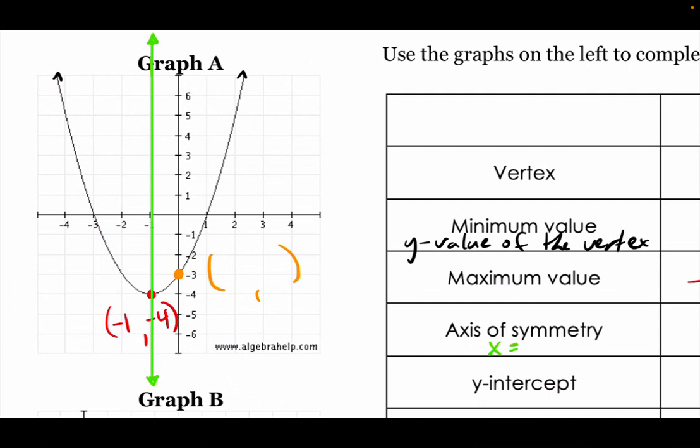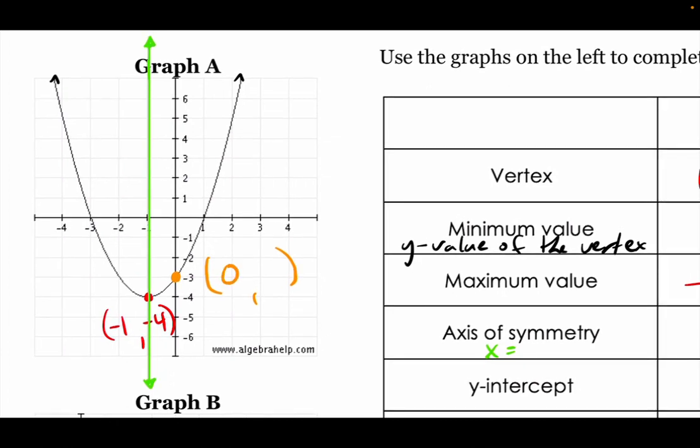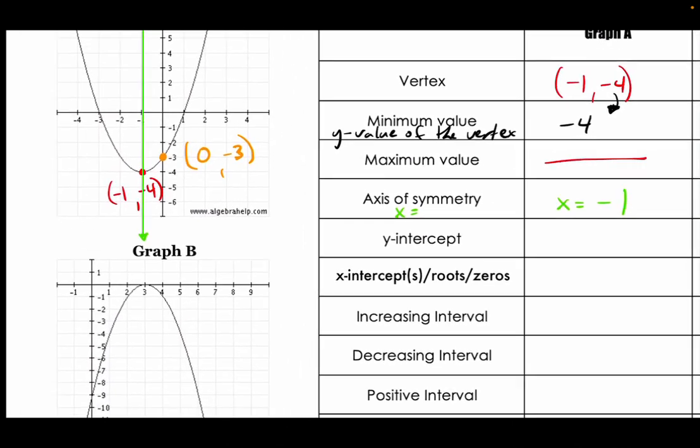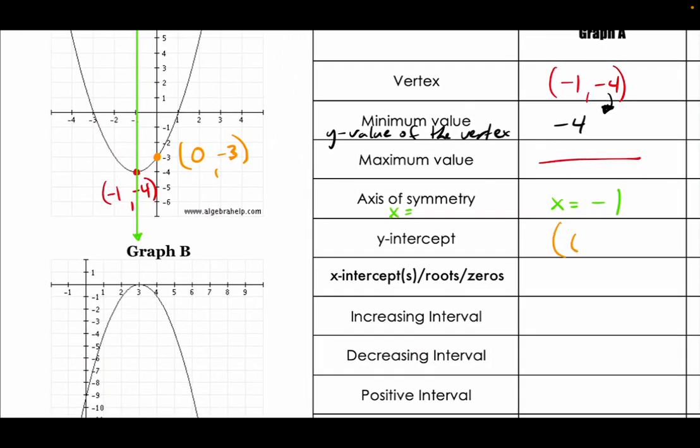So you got to give me directions on how to get there. So it's 0, -3. The y-intercept always starts with a 0 first, and then you fill in the other one. Every y-intercept always starts with a 0.